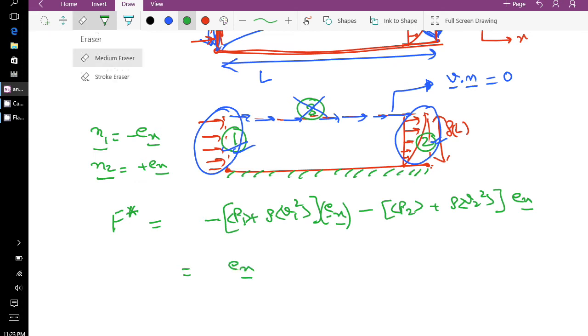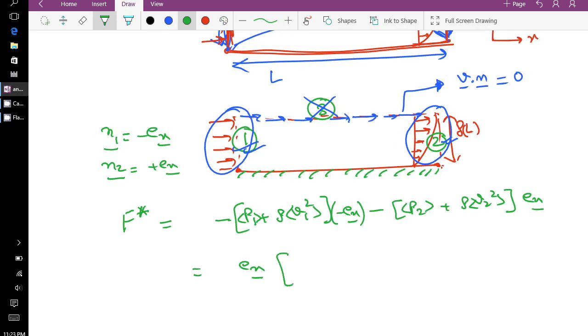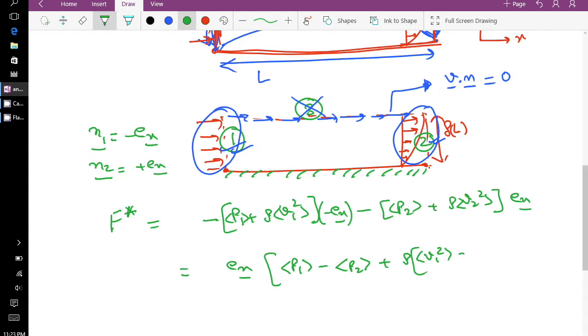Let me just erase this and correct this in case there is any confusion. Ex into p1 minus p2 plus rho v1 square average minus v2 square average, right?